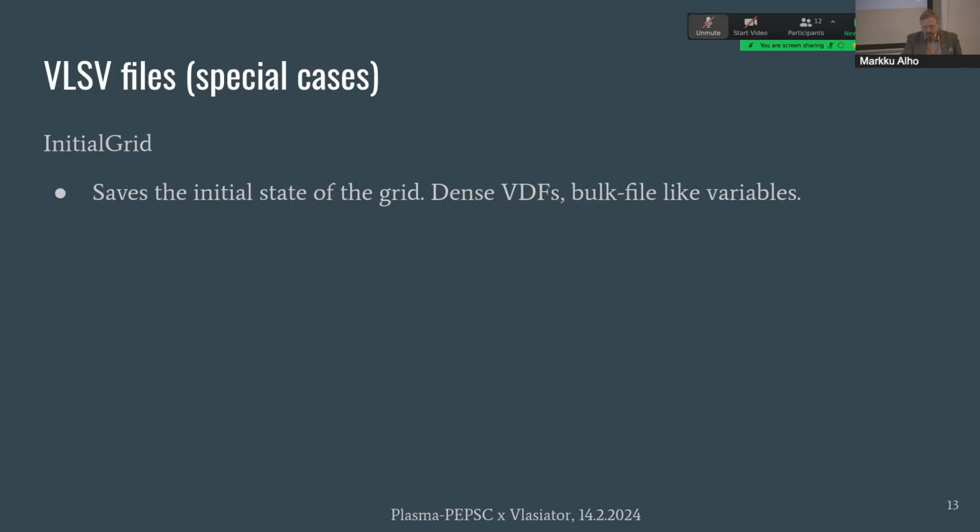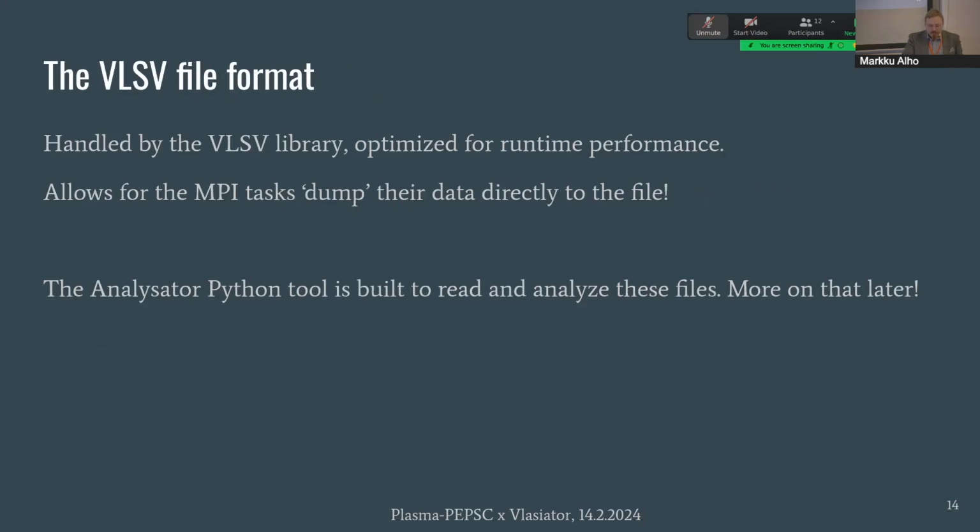So that's pretty much about the VLSV file types that we output. And then maybe more interestingly, well, not quite yet at the data, but let's look at the file format first. So we have our own library for handling this file format. This is the VLSV library.